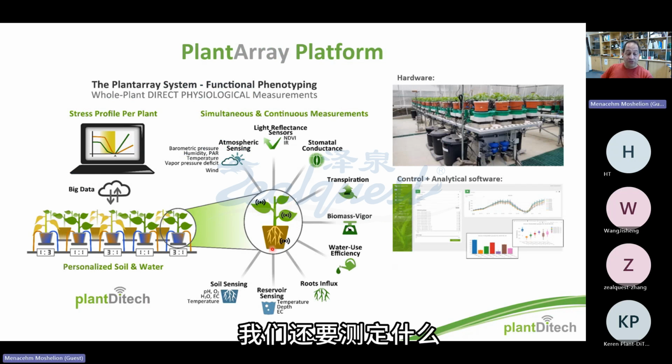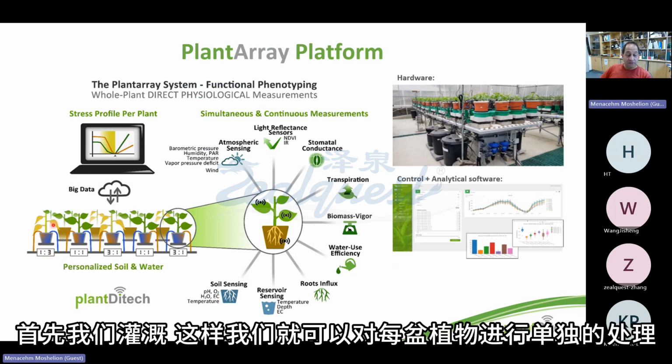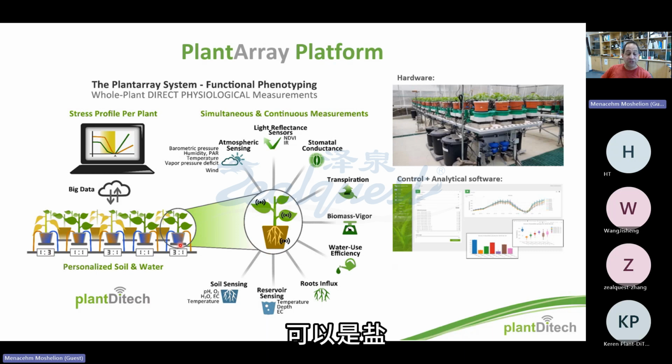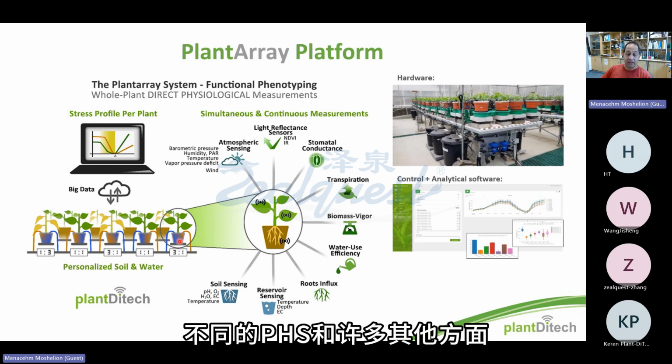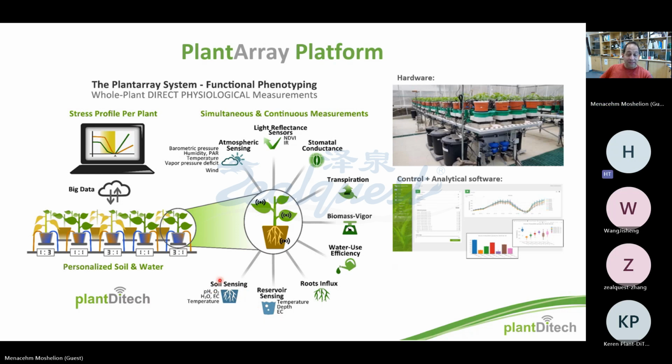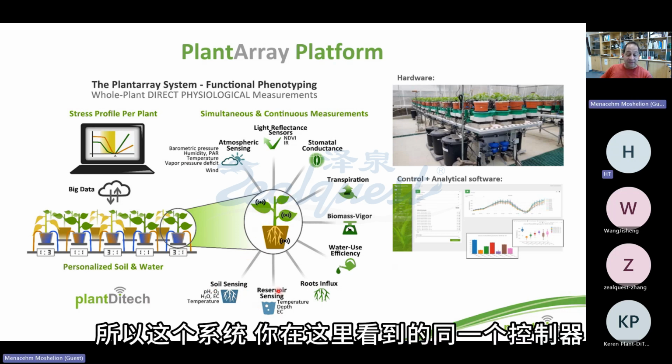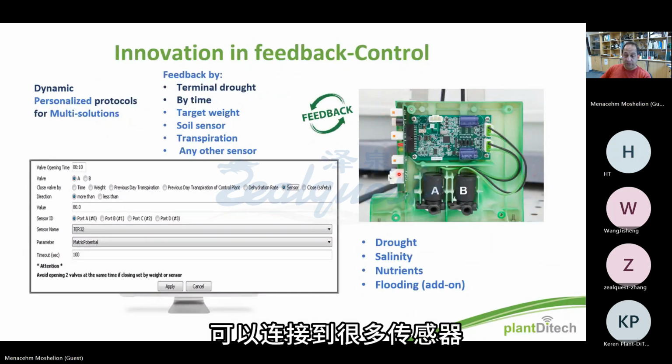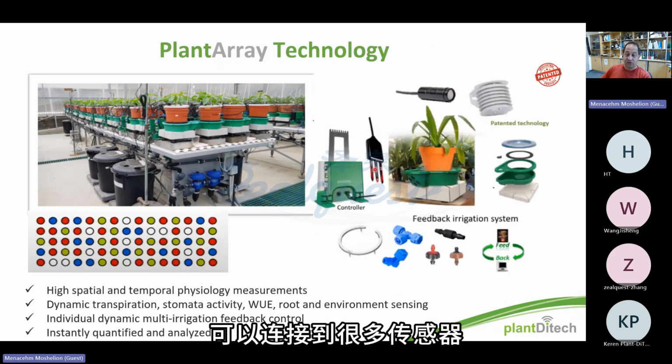What more do we measure? First we irrigate, so we can give each plant its own treatment. It could be nutrient, salinity, drought, different soils, different pHs, and many other aspects, including oxygen and EC. The same controller you saw here can be connected to many sensors, not just these 3.